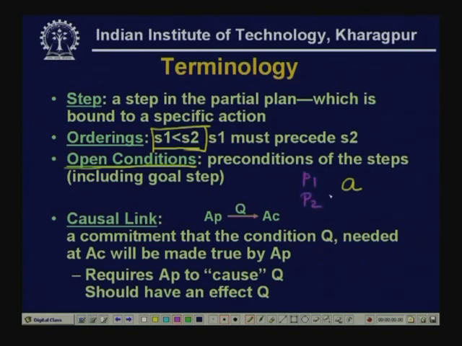Let us say P1 and P2 are preconditions of action A, and also, as you know, for every action we also have the add list and the delete list. Suppose Q1 and Q2 are added and Q3 is deleted. So, P1 and P2 are the preconditions of the action A. Open conditions are those preconditions of the step A that have not yet been satisfied.